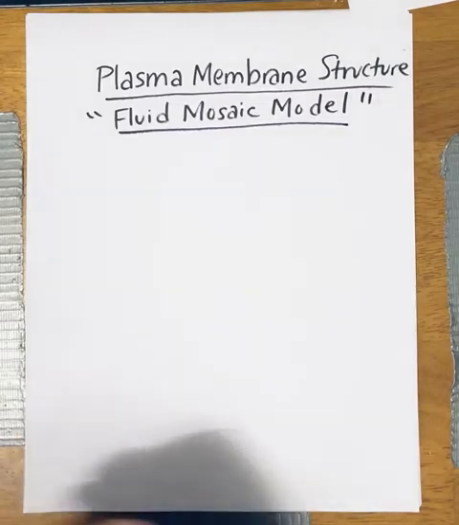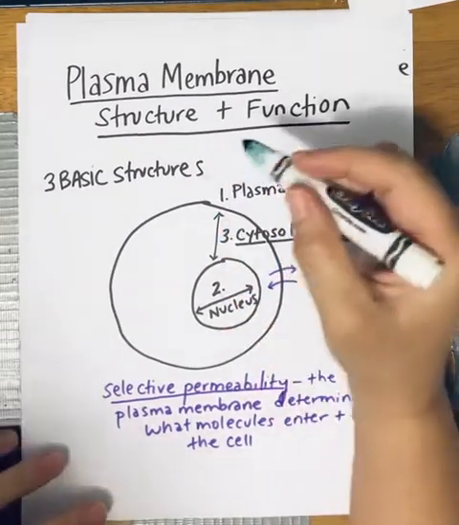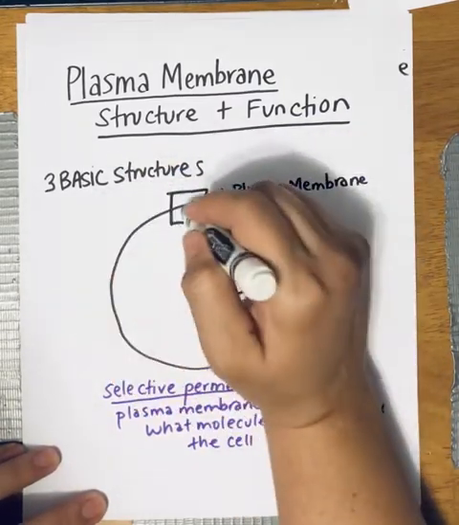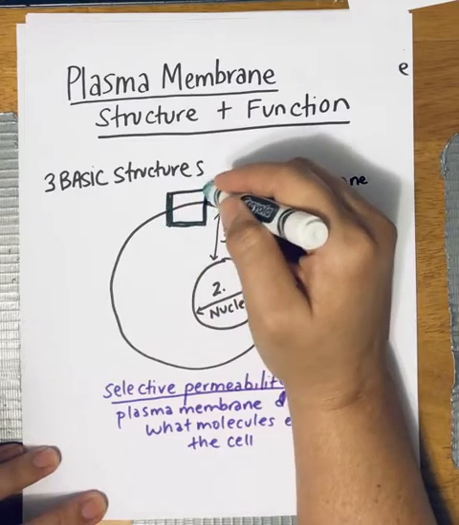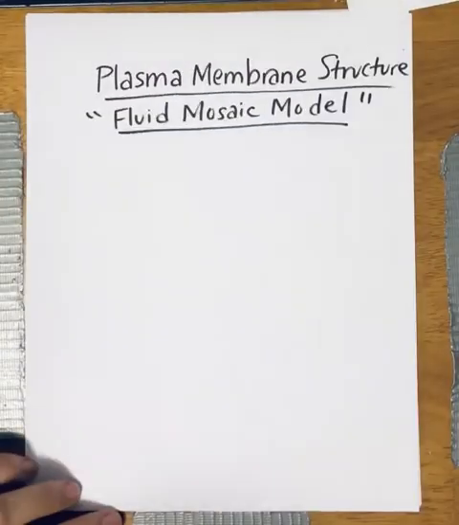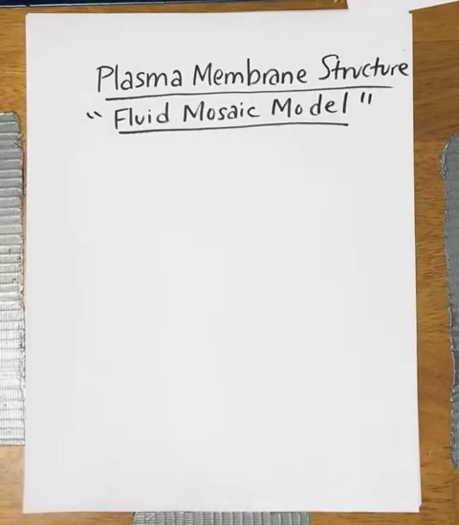Alright, so again, when we talk about the plasma membrane, what we're doing is we're going to basically zoom in. We're going to zoom in on a piece of the plasma membrane, and we're going to draw it out, and that's going to represent the fluid mosaic model.